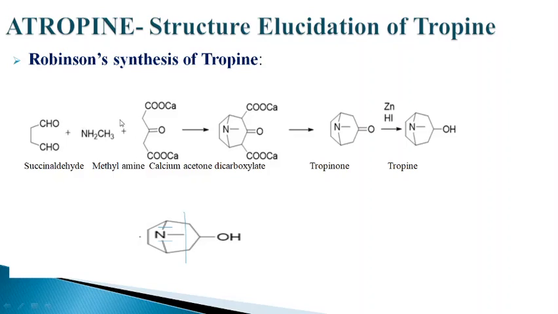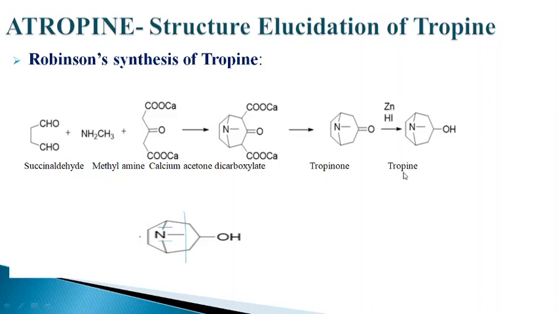This double Mannich reaction yielded an intermediate compound, which on heating underwent decarboxylation, converting it into tropinone, and tropinone on reduction with zinc and hydrogen iodide yielded tropine. So by two or three simple steps we got tropine as our product.